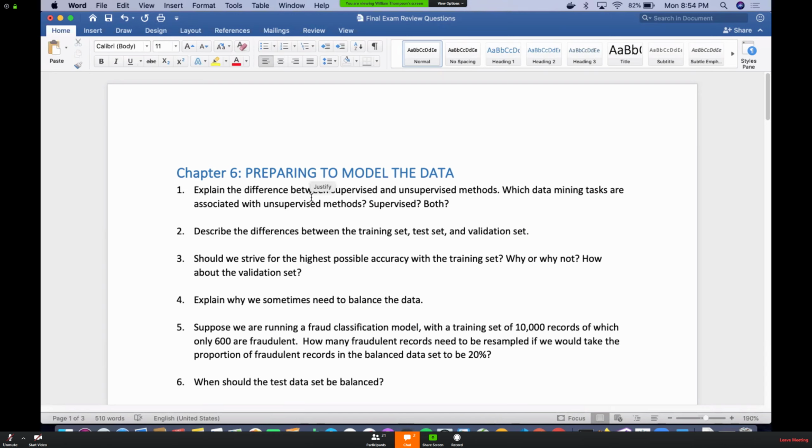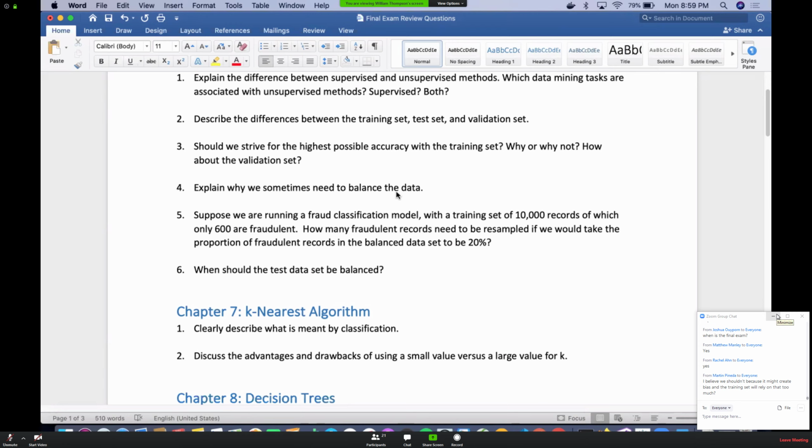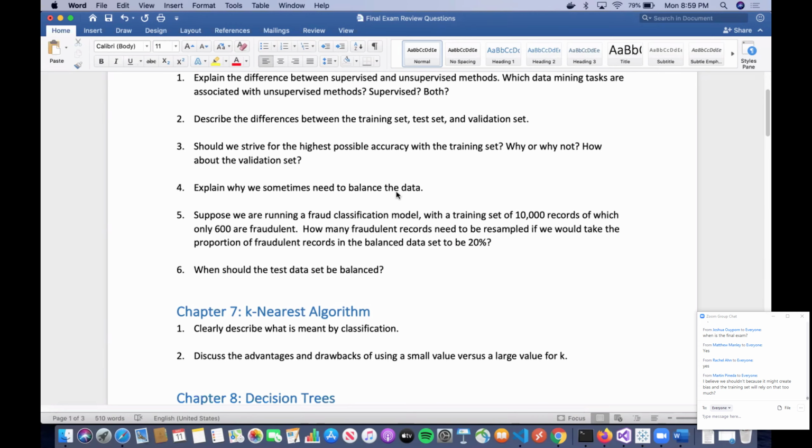In this case, the model will tend to memorize details of the training set, which is not good, and there will be no generalization to test and validate the model. So that's why we don't really want to do that, because doing so will lead to overfitting.